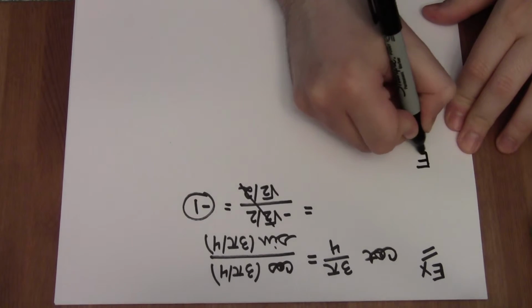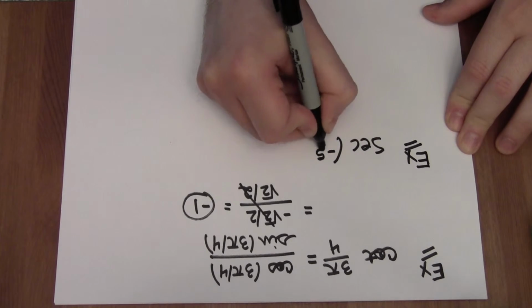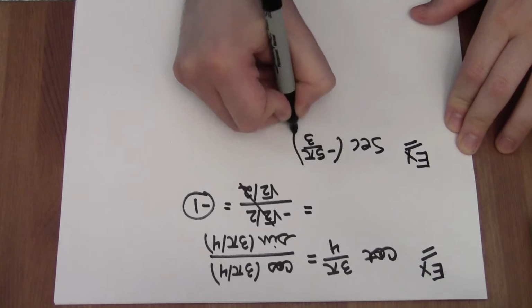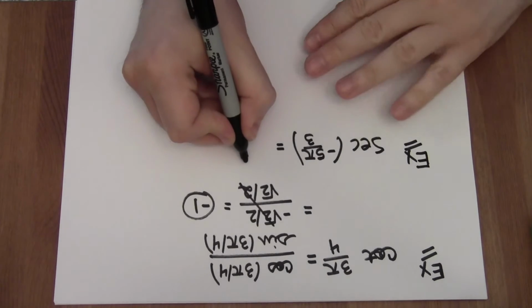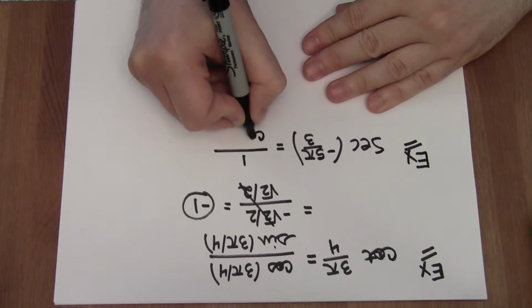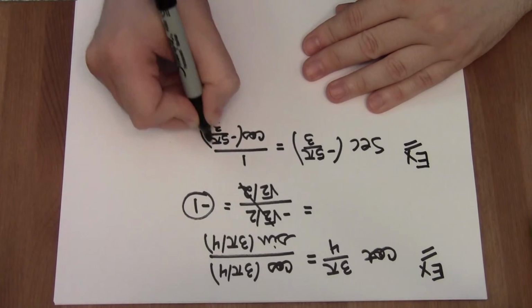Next, I need to evaluate the secant of negative 5 pi over 3. Well, my identity for secant says that's the same as 1 divided by the cosine, so this is just 1 over the cosine of negative 5 pi over 3.